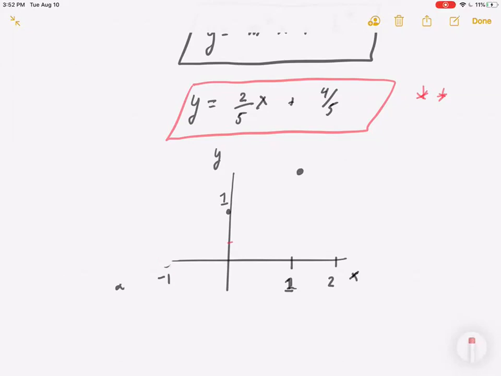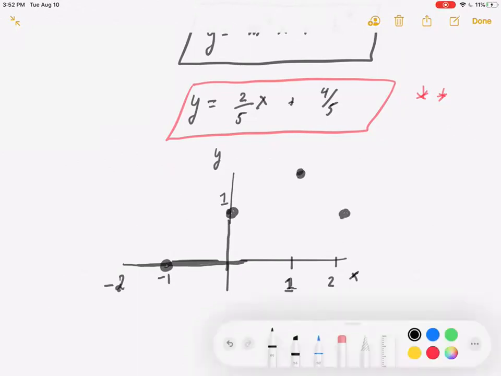Let's clean it up a bit. So here's -2. So here's one data point there. There's another data point there. Another data point there, and there's a data point there.